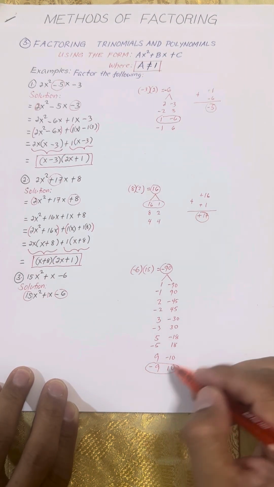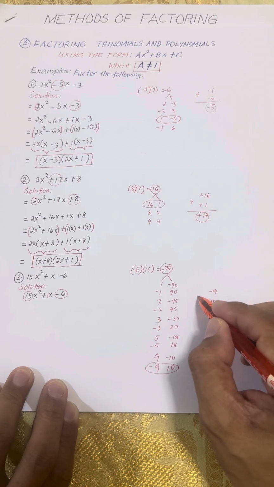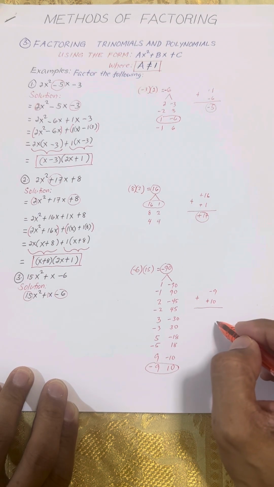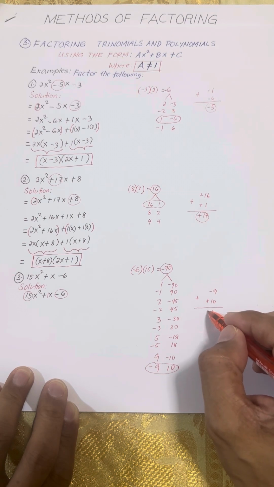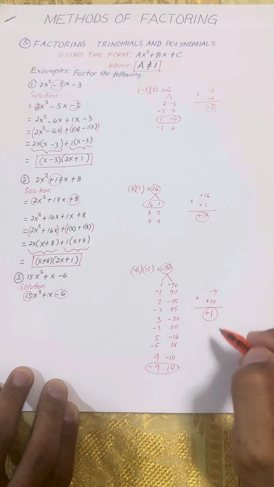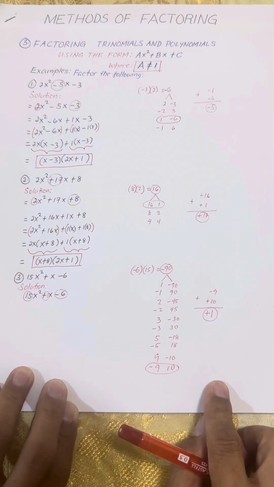When you combine these two, we have minus 9 and 10, and this 10 is understood to be positive. The rule is to add, but when you add numbers of different signs, you have to subtract. So 10 minus 9 is 1, and then take the sign of the bigger number, which is positive. So this gives us the coefficient here, positive 1.